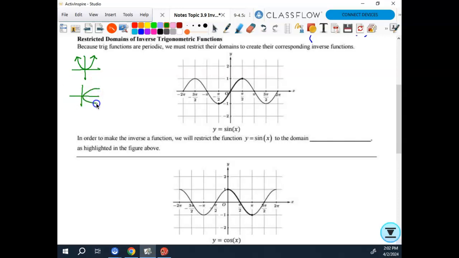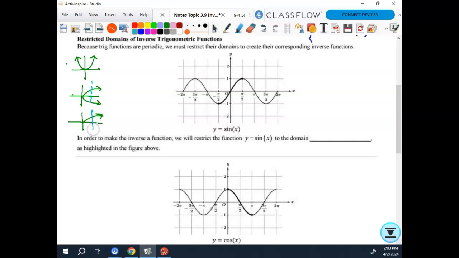It would look like this if I just straight up reflected it. This is a function, this is not. And so when I take the inverse, if I want the inverse to be a function, I'm going to have to restrict the domain. That's why the inverse of a quadratic, when we're talking functions, is the square root function, because we have to restrict it, because this will not pass the vertical line test, but this will. Does that make sense? Remember doing that?